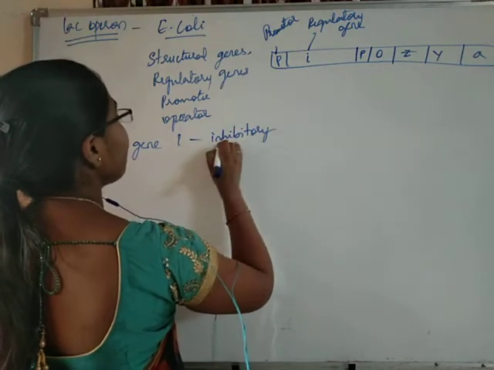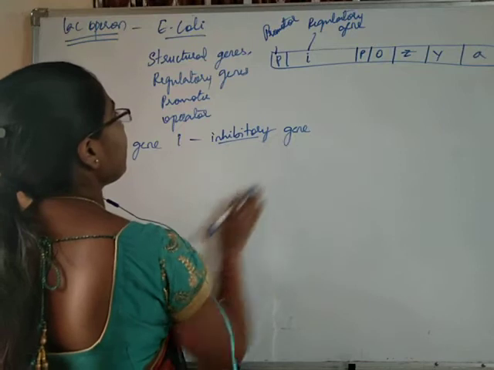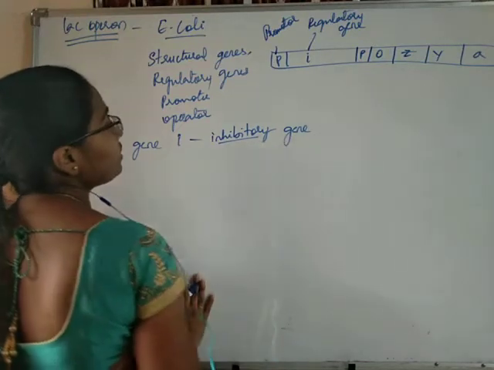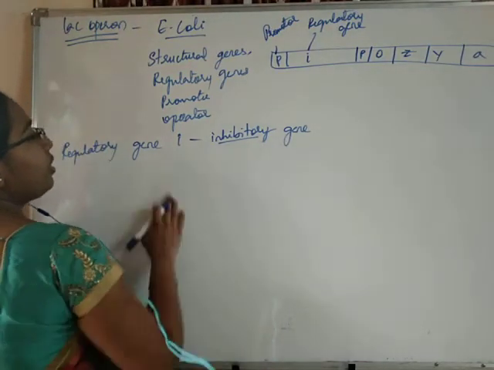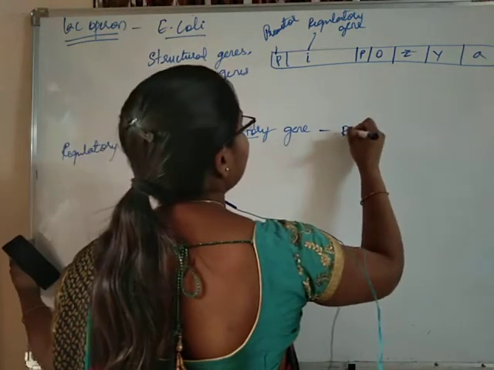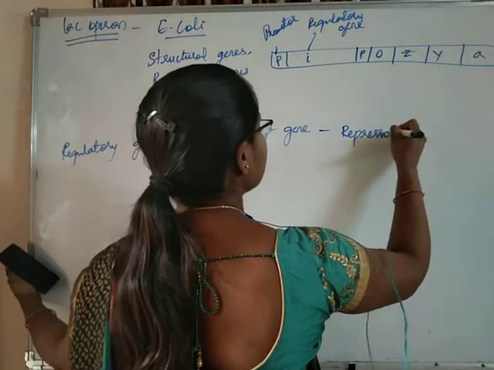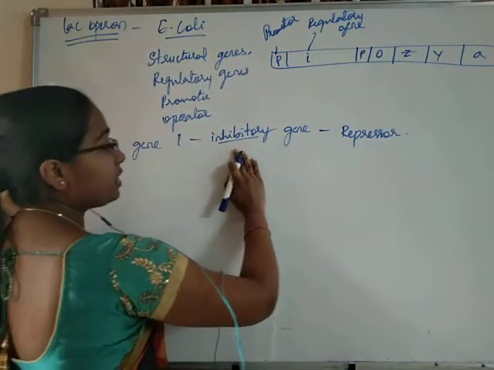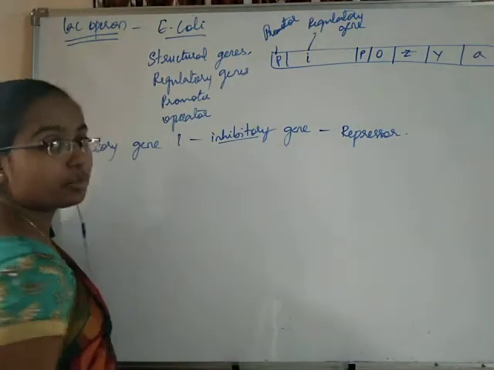From this gene I, which is an inhibitory gene, a repressor is produced.